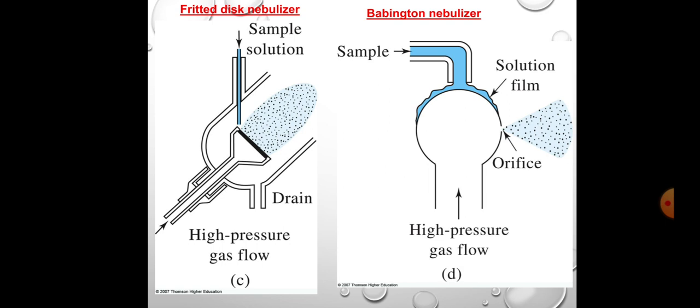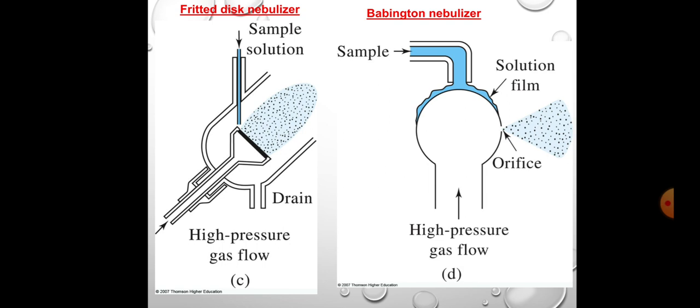On the right side you can see the Babington type nebulizer, where we have a hole or orifice that high pressure gas will come out of, and the sample is poured from the top on this sphere, and then we will have the sample solution as a mist or tiny droplets again.